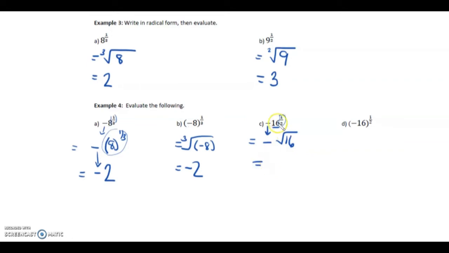So this we actually can do, and we get negative 4. Whereas this time, the 1/2 is on the negative 16. So that negative 16 is under the root sign. We cannot get that. We get error. So this is undefined.